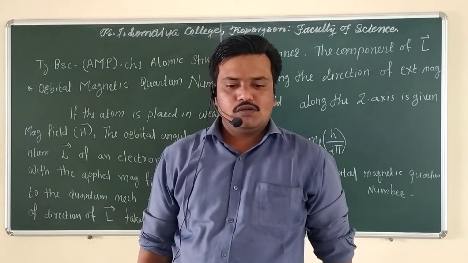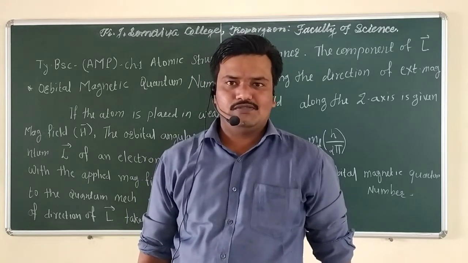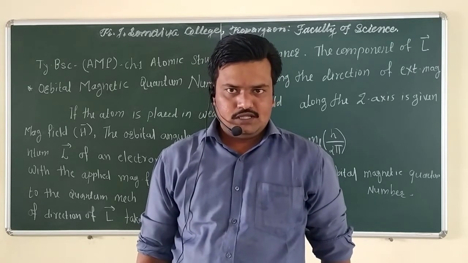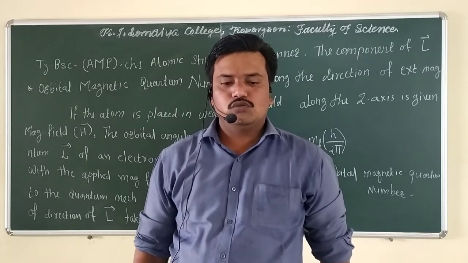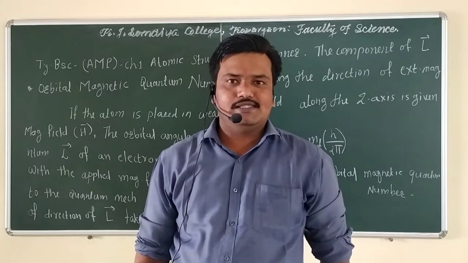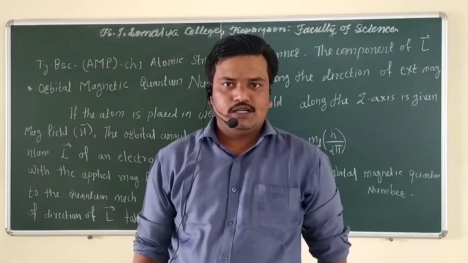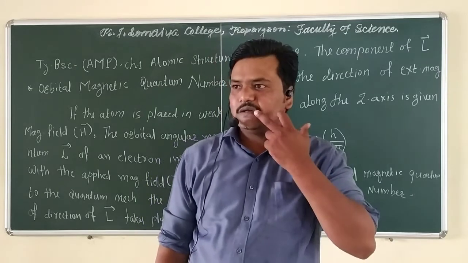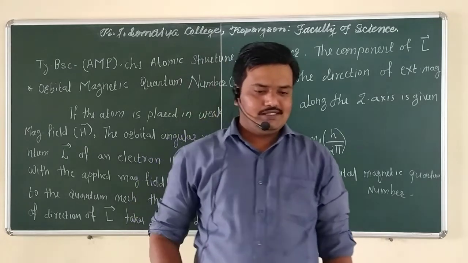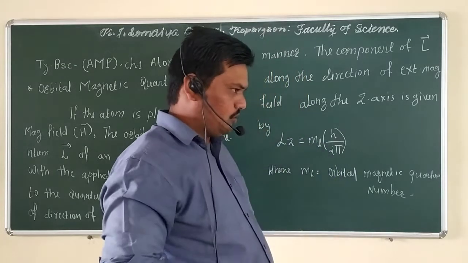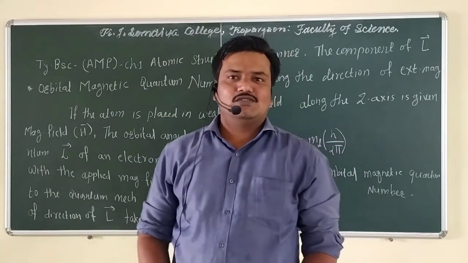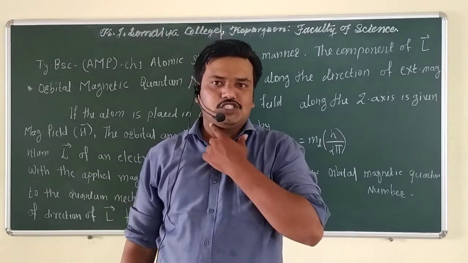The principal quantum number n specifies the orbit number, and also gives an idea of the size of the orbit and the energy of the orbit, which depend on the principal quantum number. This is given by the formula Rn equals epsilon naught n square h square divided by pi m e square.